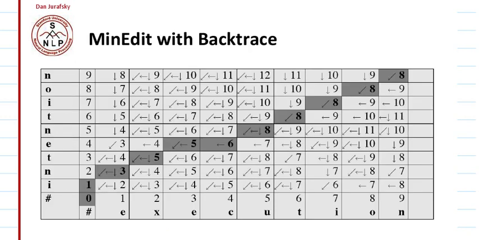right? So we get this path, right? And this is the minimum edit distance of value 8, and we can trace the path also.